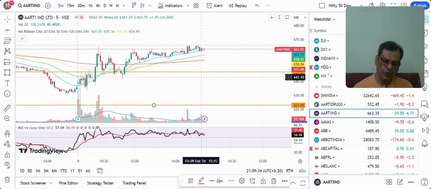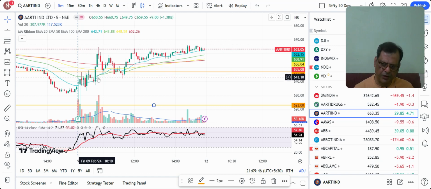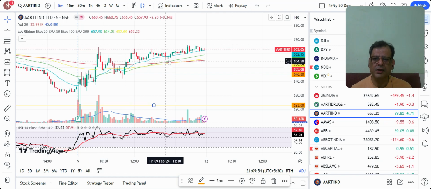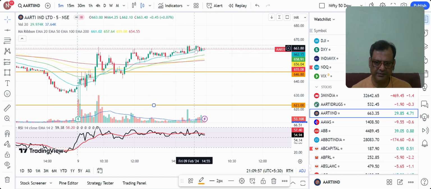So you have two strategies here. Either you be very active and you could have closed it here. This is the first 5-minute candle which is closing in the red, and you close your trade here. So you would have locked in some profits here also. You would have made 7-8 rupees here, or you wait and you would have gone higher than the close of this candle which is here.